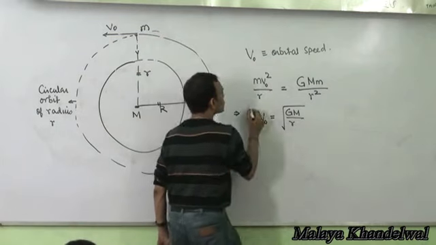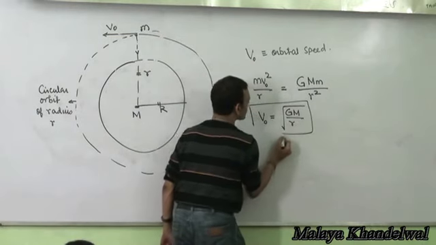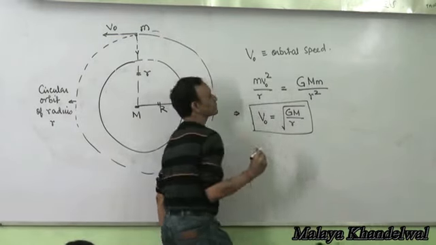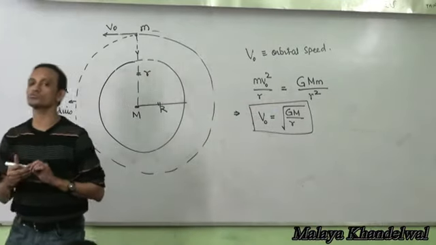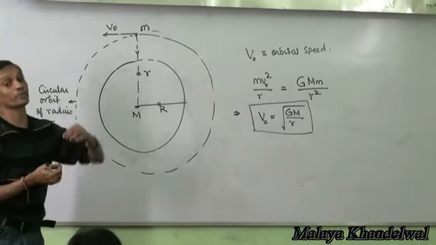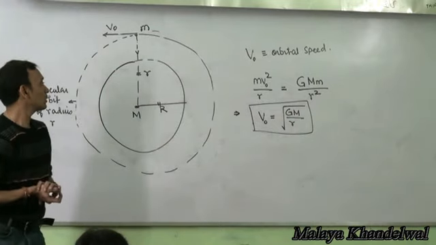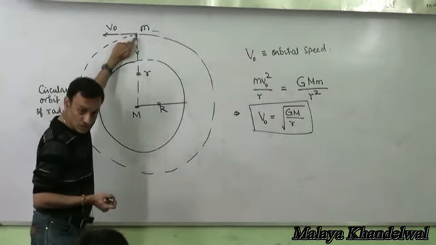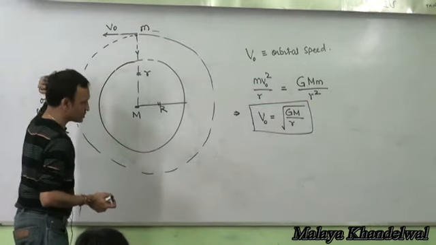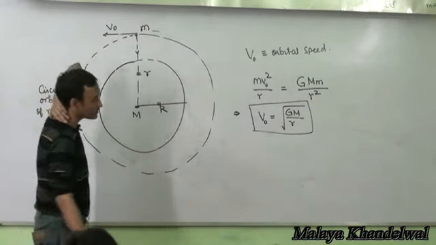This is an important number. This is one of the very many cosmic speeds required. v0 is root GM by small r, the orbital speed for a circular orbit of radius small r.